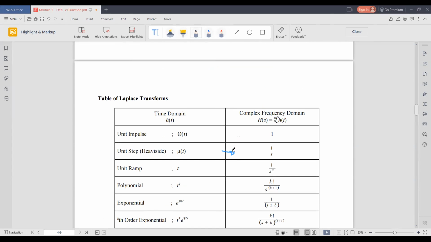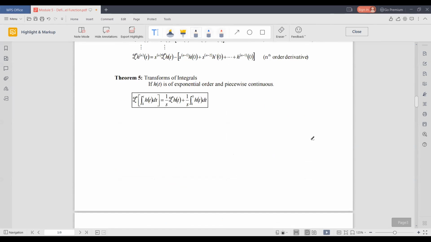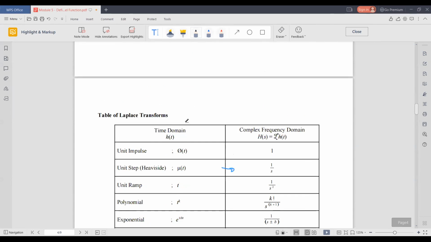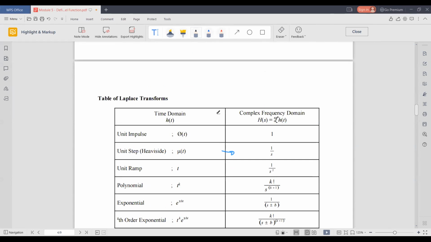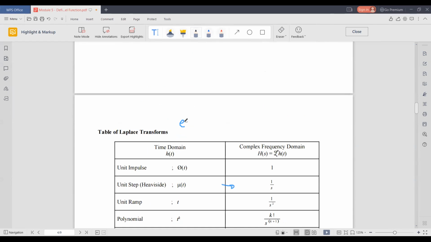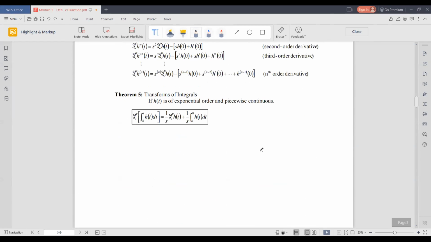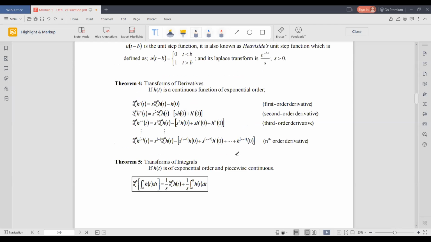The Laplace transform of this unit step is equivalent to 1 over s. May cheat naman kayo, may code naman kayo. Ano lang, familiarize.